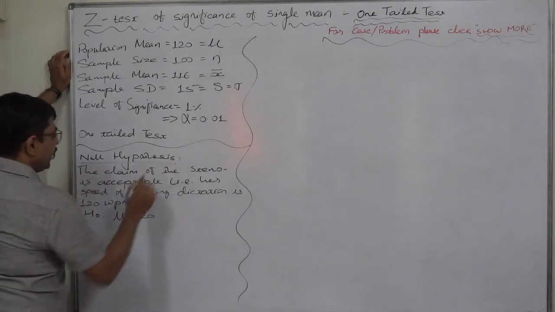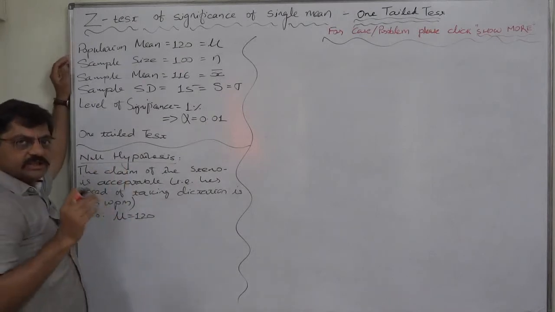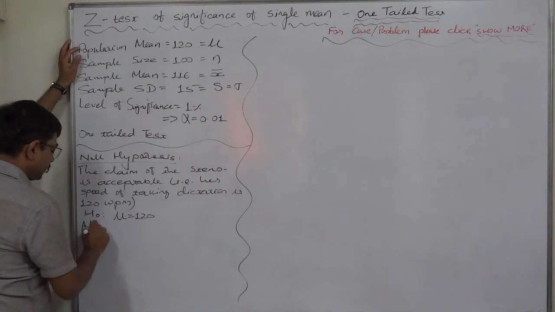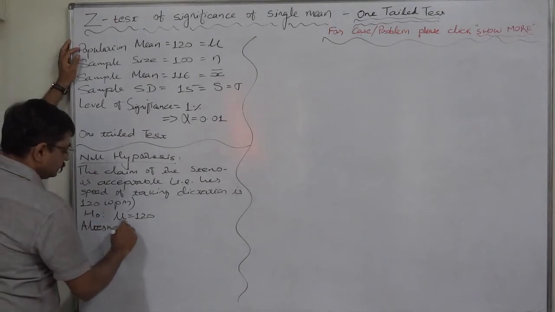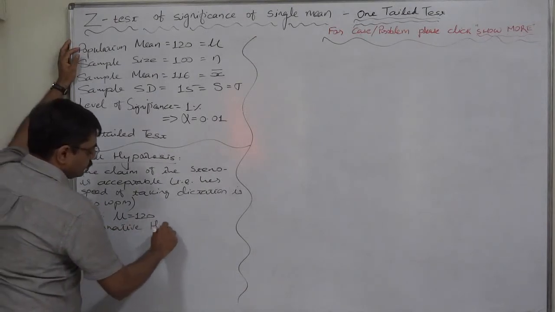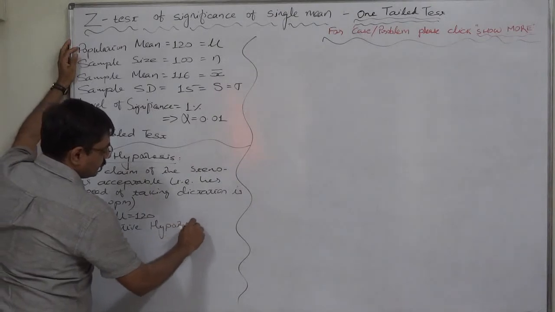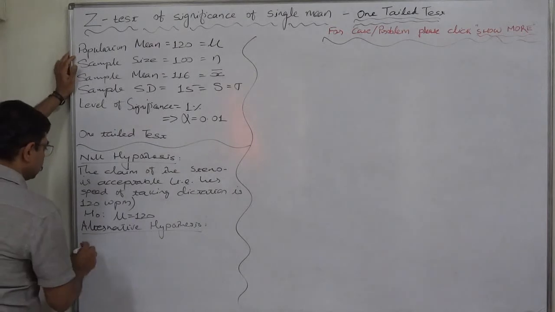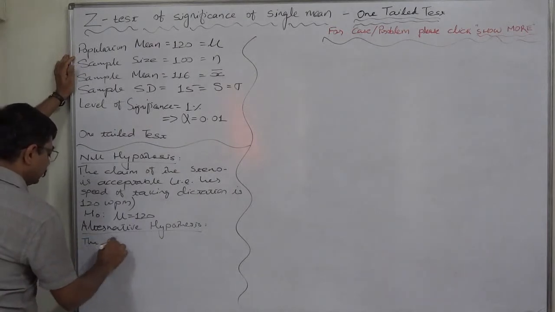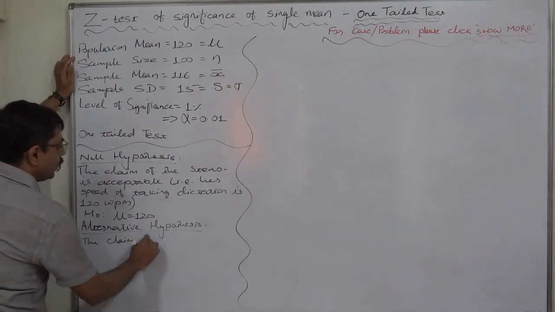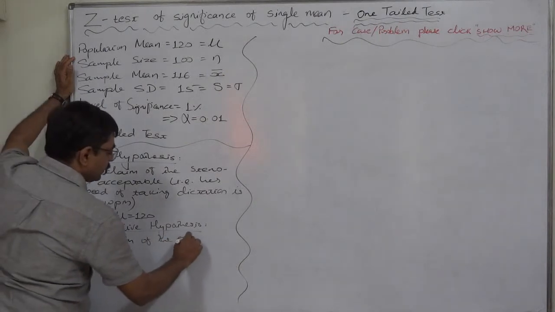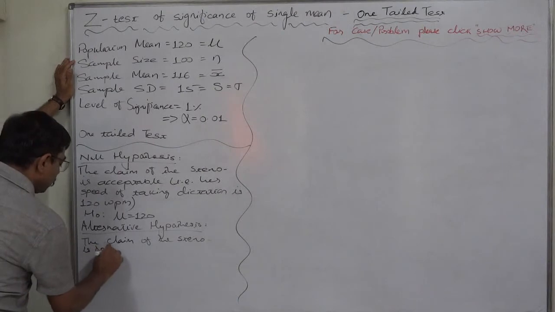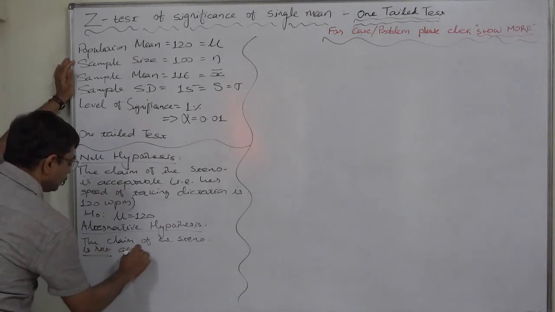Now, if this null hypothesis is rejected, what is our counter argument? That is called the alternative hypothesis. What is the alternative hypothesis in this case? The claim of the stenographer is not acceptable.